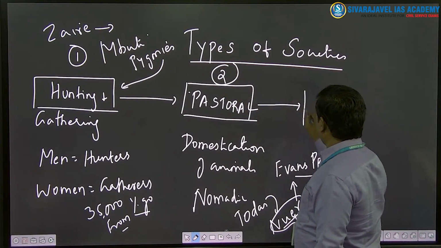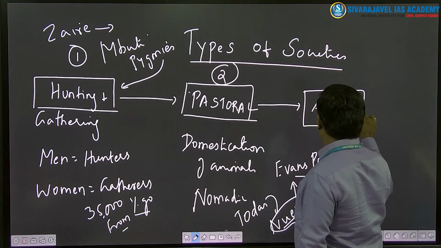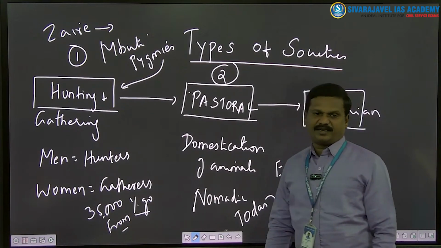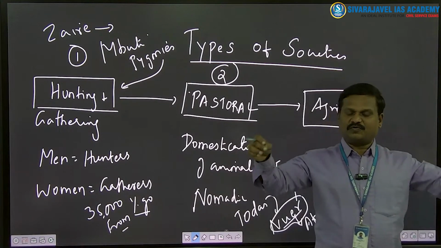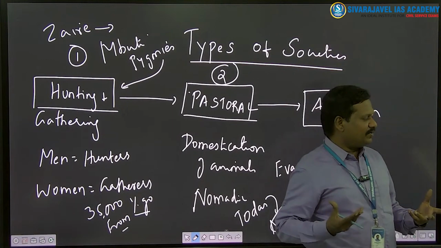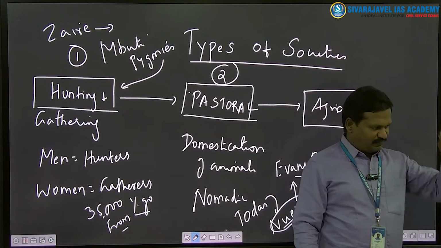Then thirdly, you have the agricultural society, the agrarian society. Every society is an agrarian society. Why? Somehow they have to produce food for themselves. Without agriculture, how will they eat? So no society is non-agrarian.